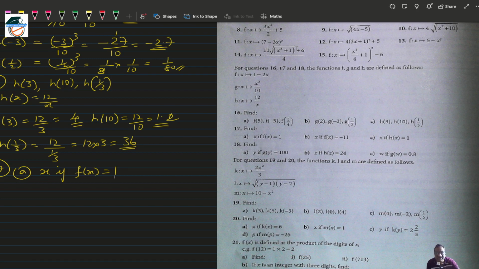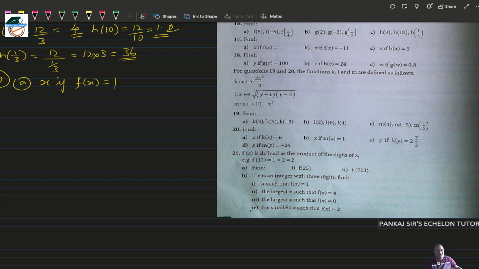For this 17th question, f of x is 1 minus 2x. Now they are saying that f of x is equal to 1, so you can say 1 minus 2x is equal to 1.